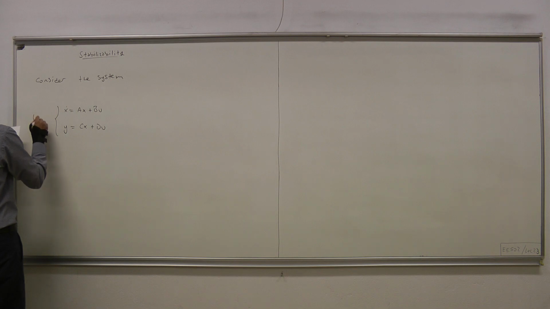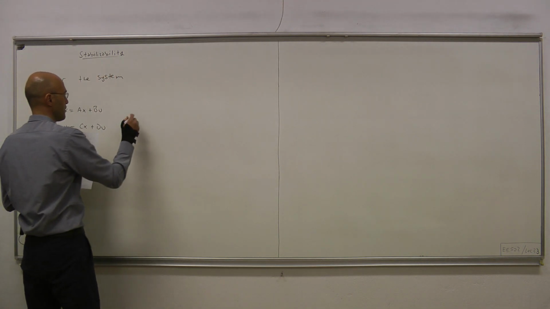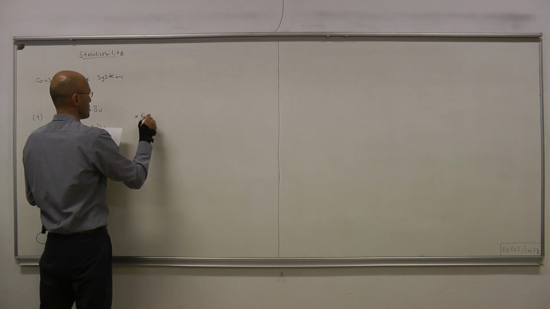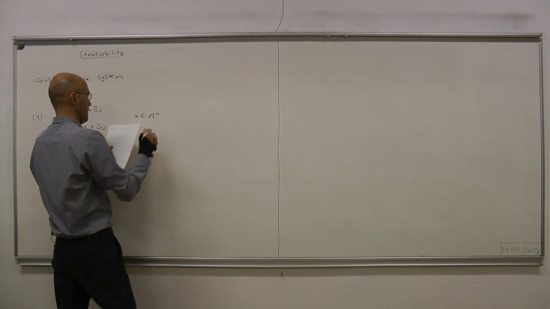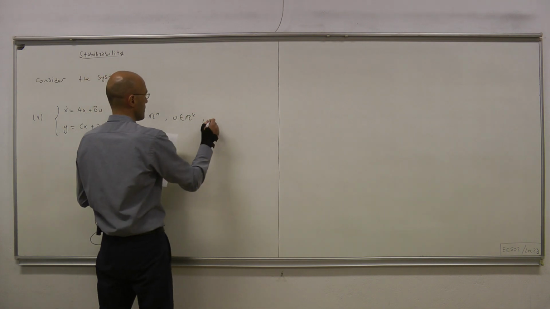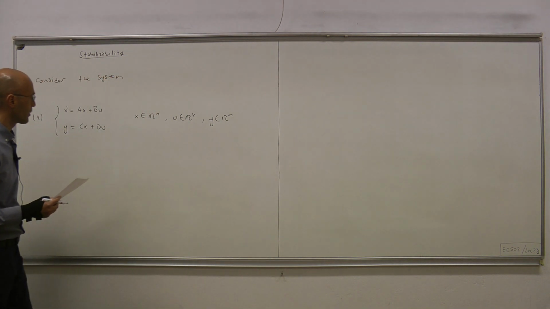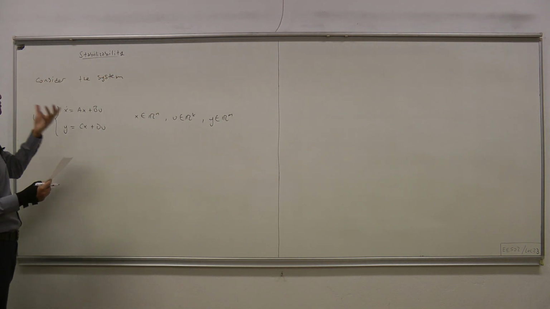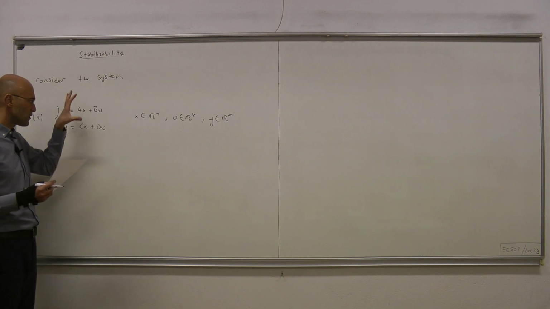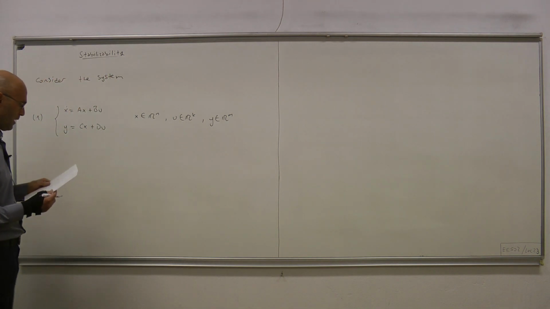This is our initial, or original, system with the following dimensions: x is in R^n, u is in R^k, and y is in R^m. Well, stabilizability has to do with the pair (A, B) only, but for the sake of generality, let's put down the entire system, both input and output.